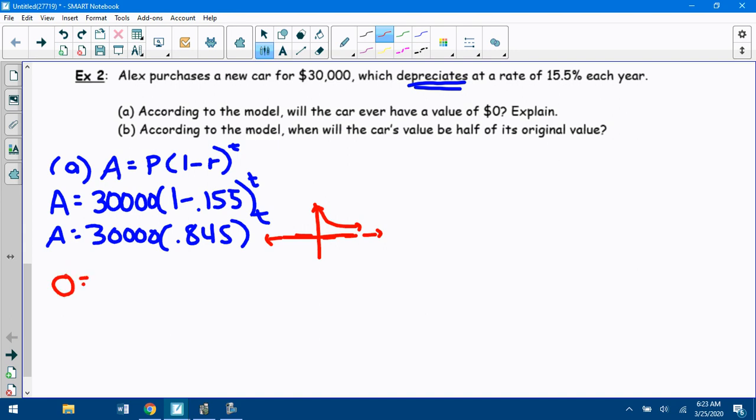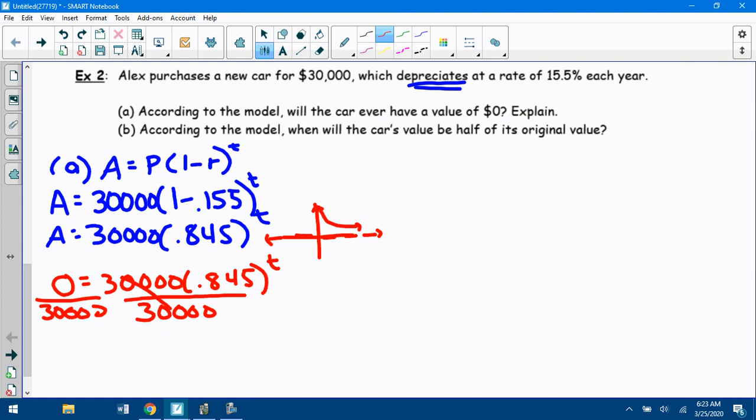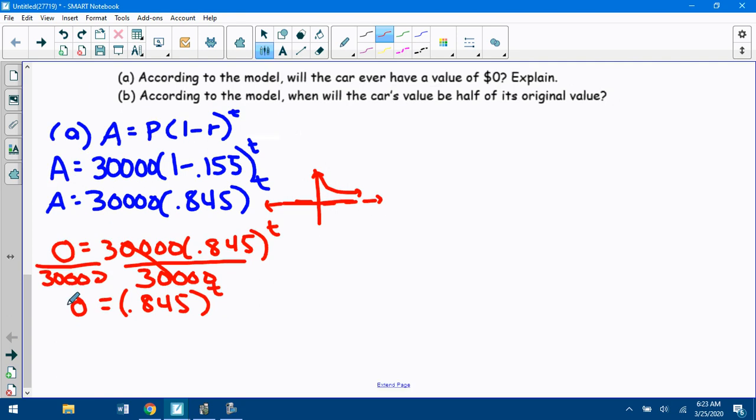If I put 0 in the left-hand side, what would you do to solve it? You would divide by 30,000. We get 0 equals 0.845 to the t. Then what? You could take log base 0.845 of 0 equals log base 0.845 of 0.845 to the t.